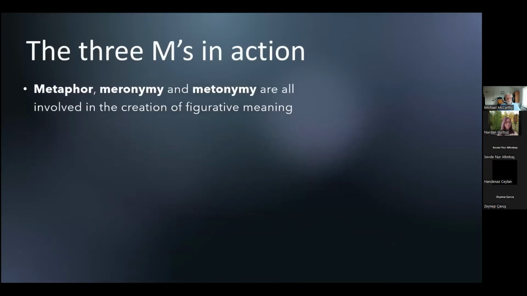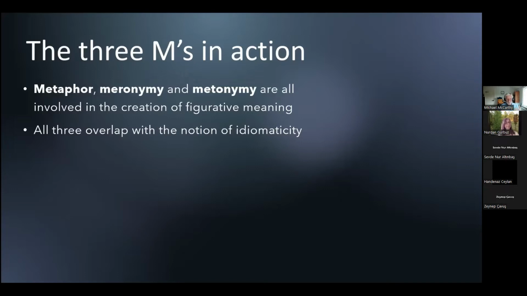We're going to look at the three M's in action: metaphor, meronymy, and metonymy. They are all involved in the creation of figurative meaning. I've already used that word several times. The problem is that all three overlap with the basic notion of idiomaticity and what we mean by idioms in a language.